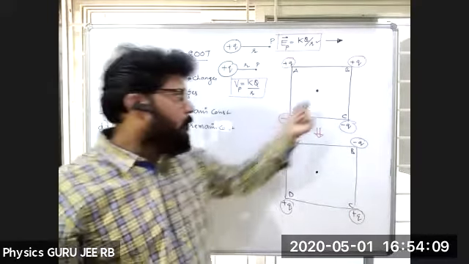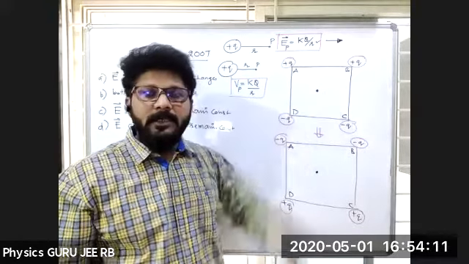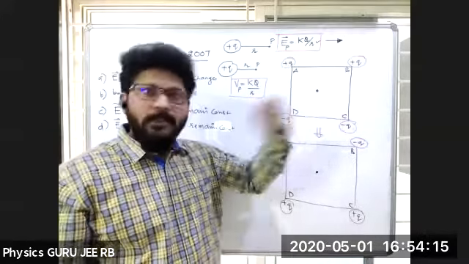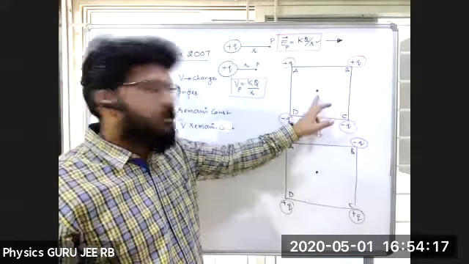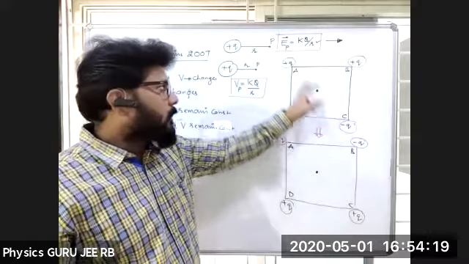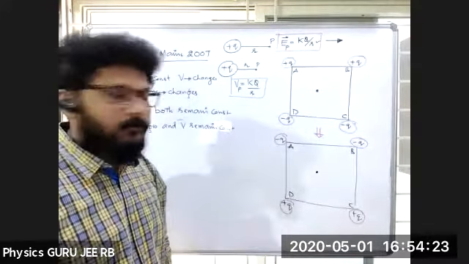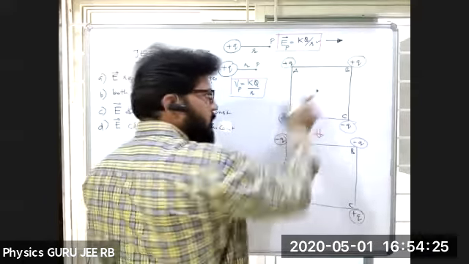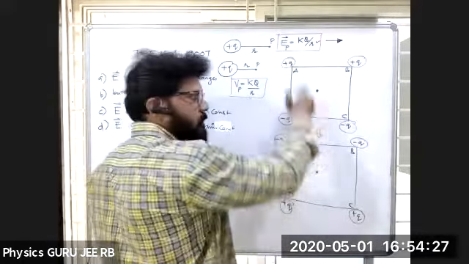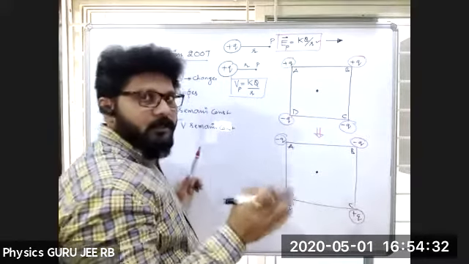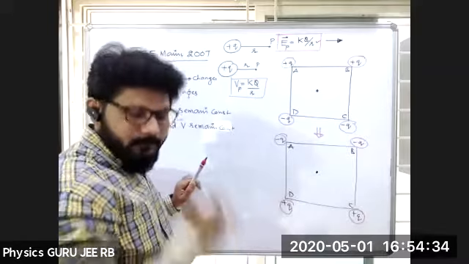We should calculate electric field and potential at the center. Now already yesterday, if I want potential at this point, how many potentials will be there? Potential, not potential energy, only potential.